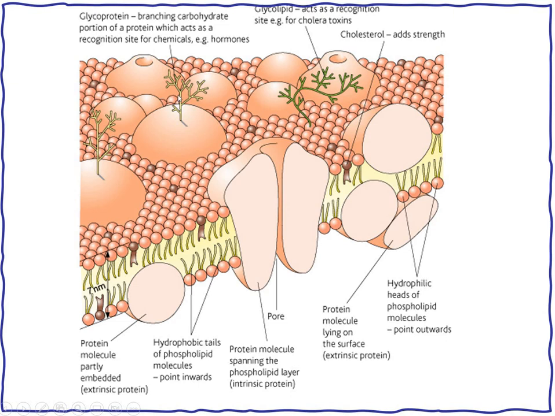You've got glycoproteins for recognition sites for chemicals like hormones. Glycolipids act as a recognition site for things like cholera toxins. You've got hydrophilic phosphate heads, we've said that. Protein molecules lying on the surface are called extrinsic proteins, whereas ones that span the bilayer are called intrinsic proteins.